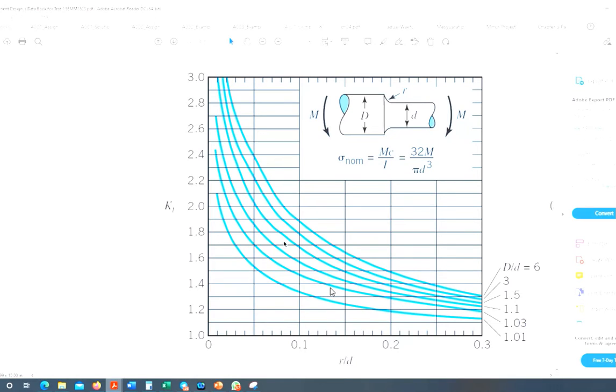Just take that one, 1.78. Okay, that approximate value is 1.78.